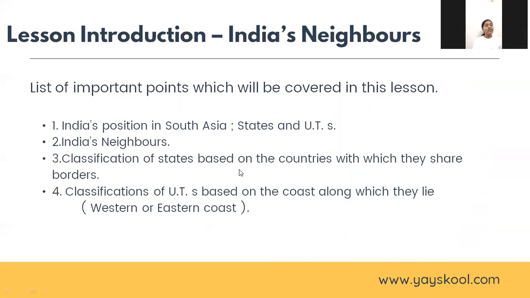Third, classification of states based on countries with which they share the border. And the fourth important point is classification of UTs based on the coast along which they lie, whether they are on the eastern coast or the western coast.